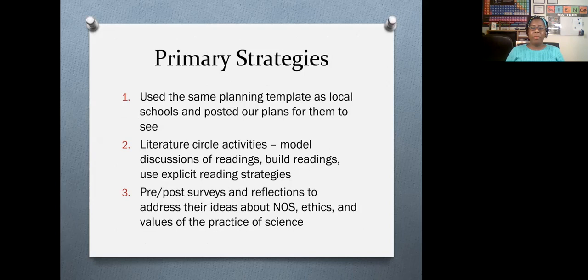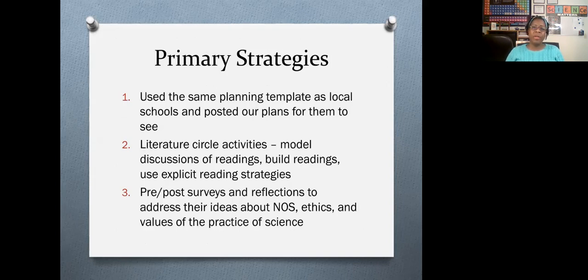So some of the primary strategies that we used in instruction were planning templates, particularly for problem-based learning, that we collaborated with local schools to help develop, and we posted the plans for students to see. We also use literature circles where we model discussions of readings to help build reading strategies.